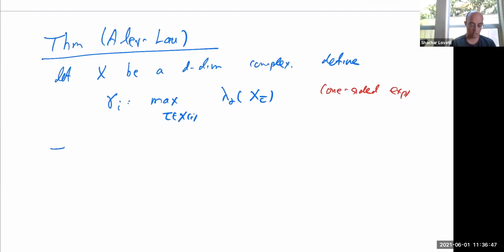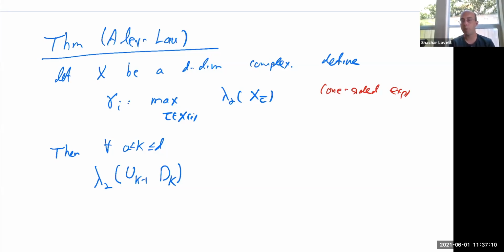Then you can prove a bound on the second eigenvalue, for every k between 0 and d. We're going to analyze a lower walk at level k. So we go down and we go up.